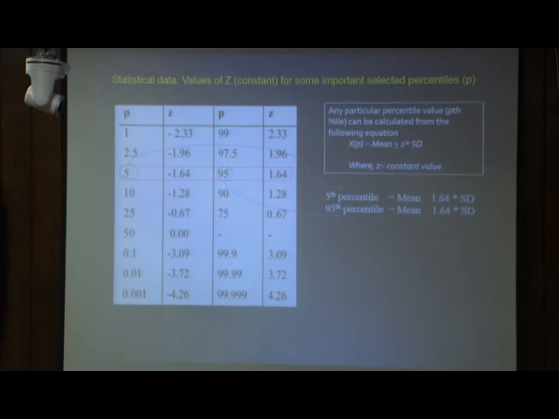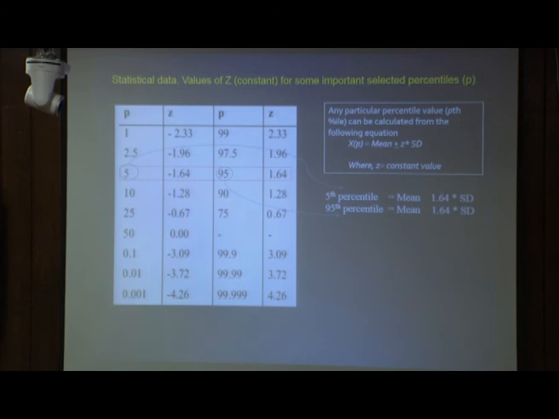Similarly, if we want to calculate the 95th percentile value, how do we proceed? To the mean value, or 50th percentile value, we have to add 1.64 times SD. Then we will be able to calculate the 95th percentile value. Similarly, to calculate the 25th percentile value, we take mean minus 0.67 SD.